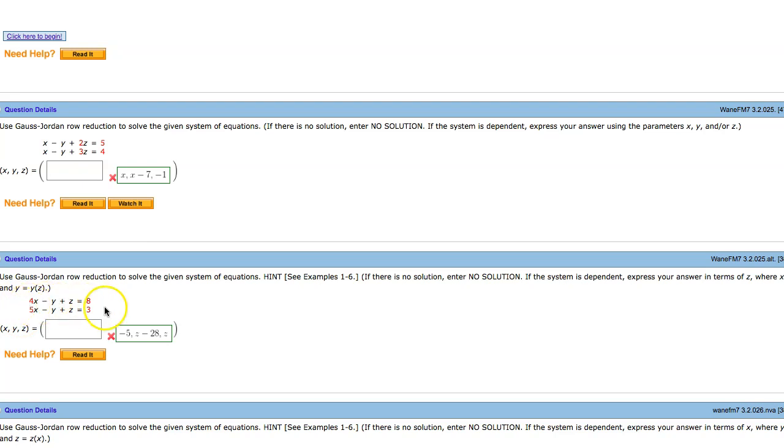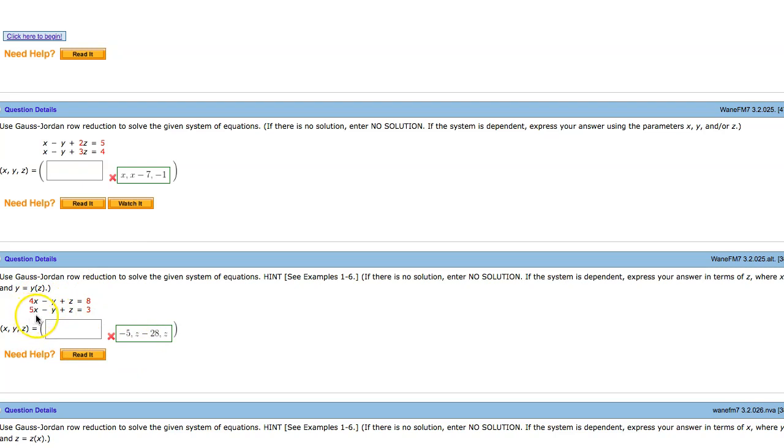Like on this one, x can be solved for directly, and then you solve for y in terms of z. Like you would have to get 20x. Well, no, actually, you just subtract these two equations. Subtract the top one from the bottom one, and you'll get x equals negative 5. And then plug negative 5 in on the bottom one.